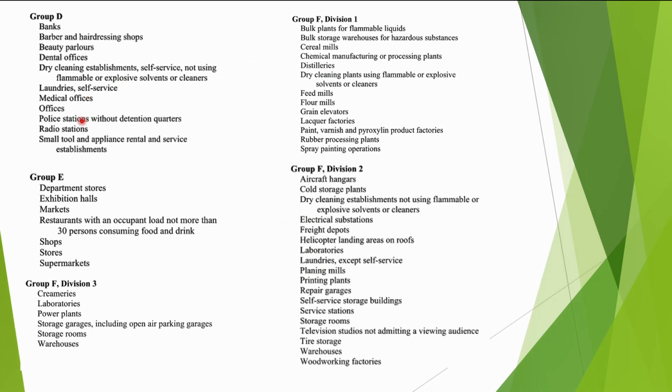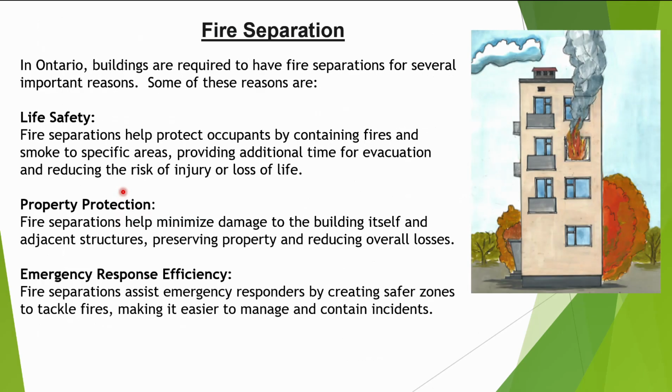Office space is found under Group D occupancy. If we're going to talk about a department store, it's found under Group E occupancy, and so the list goes on. By understanding how this table works, we're going to move into something called fire separation. Each occupancy should be divided from another occupancy by a fire rating. Now this is very important.